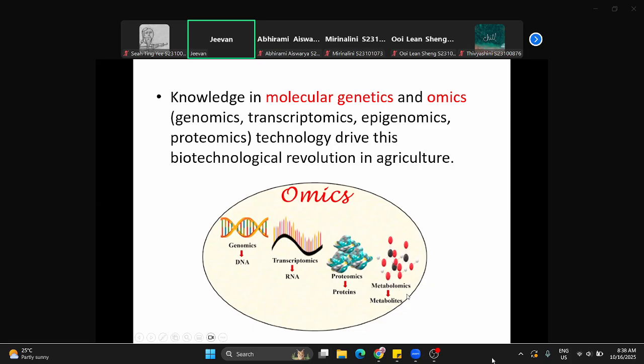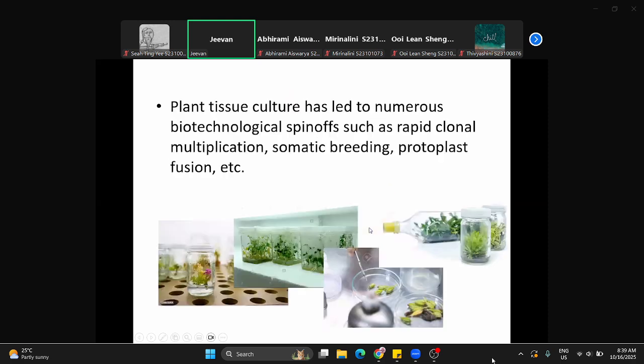And lastly, metabolomics is how the proteins, either in their secondary, tertiary, or quaternary structure, combine with other proteins or polypeptides to form the active metabolites. That is bringing the response or importance in the plants. So this also has greatly improved crop biotechnology.